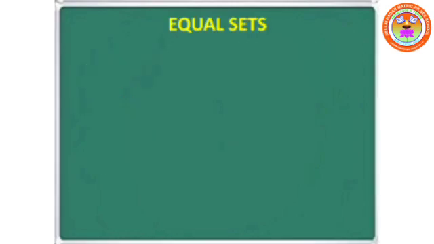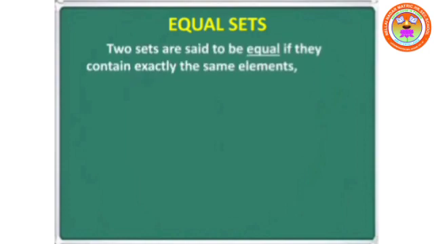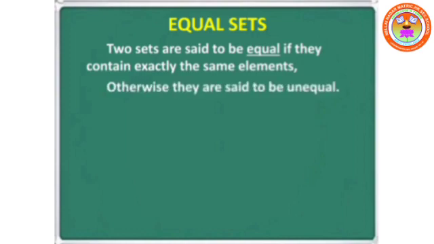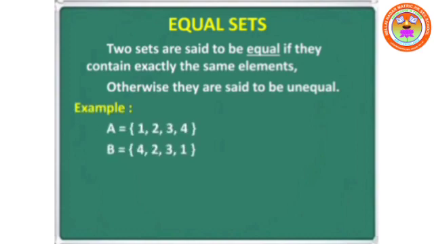Next one, equal sets. Two sets are said to be equal if they contain exactly the same elements. Otherwise, they are said to be unequal. For example, consider the set A equal to the set of 1, 2, 3, 4 and B equal to the set 4, 2, 3, 1.